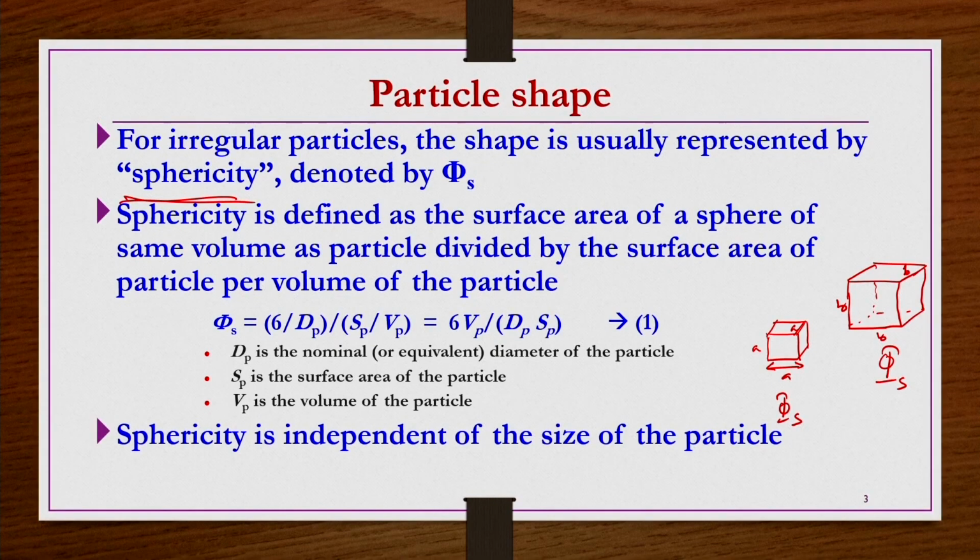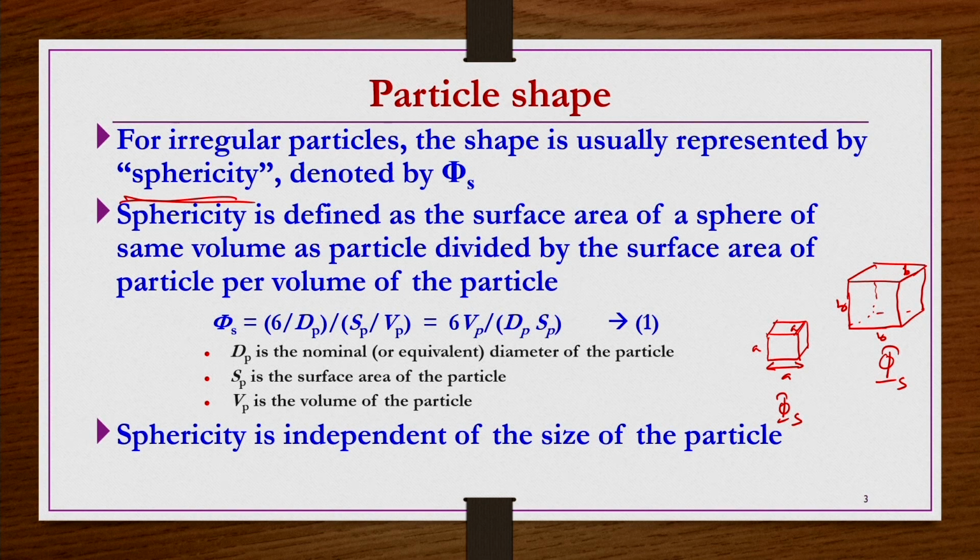So, the sphericity depends only on the shape of the particle, it is not going to depend on the size of the particle, whether it is a regular non-spherical particle or an irregular arbitrary shape particle. If the shape is the same but the size is changing, the sphericity is not going to change. It is only dependent on the shape of the particle, not on its size.